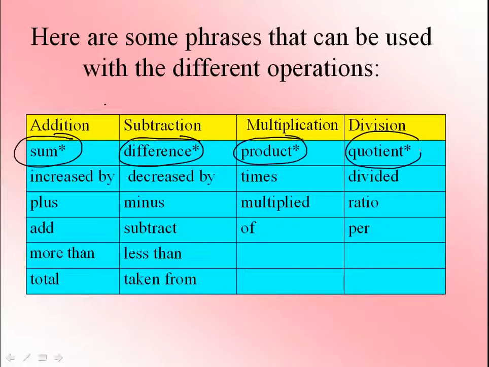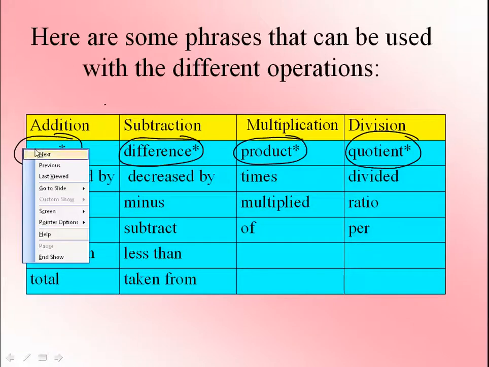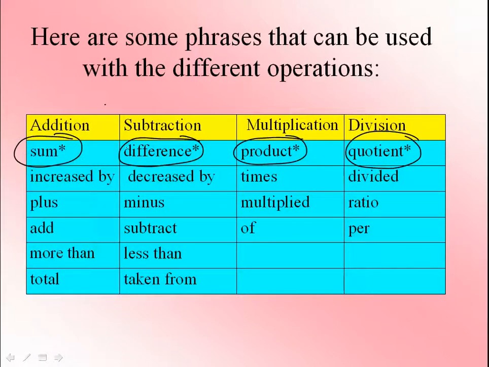This will be important as we are working through some of these because sometimes that means I have to do that operation first. So when I see the word sum, difference, product, or quotient, I know that that means the answer to that type of problem. So sum is the answer to addition. Product is the answer to multiplication.